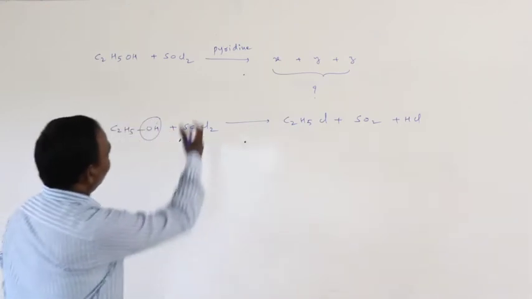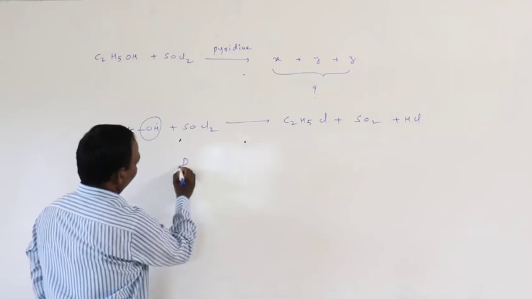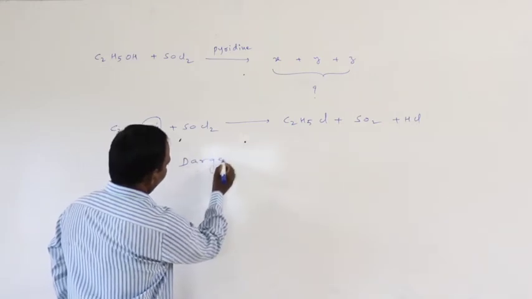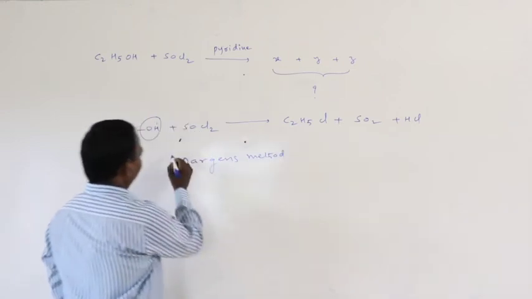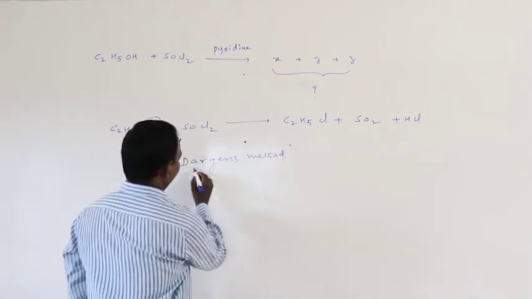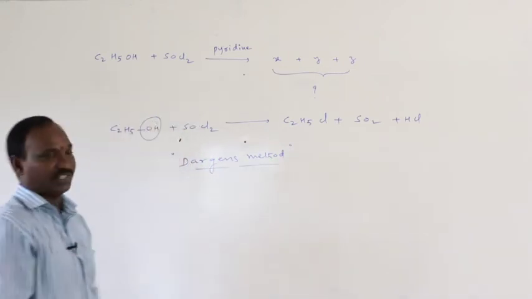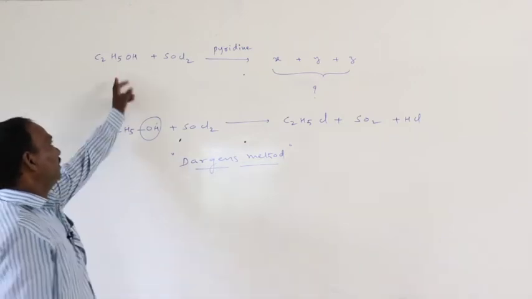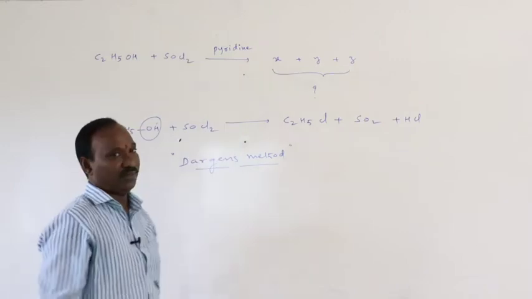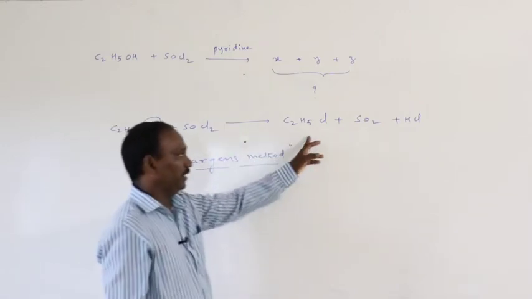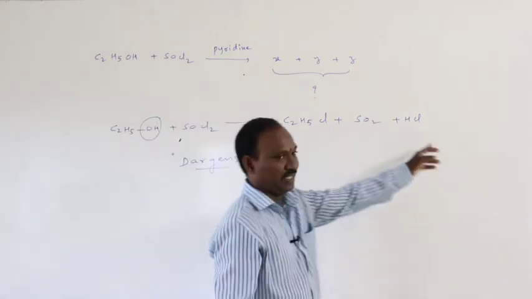Okay, this is also called Darzens' method. This reaction is called Darzens' method. Ethyl alcohol on treatment with SOCl2 in the presence of pyridine produces ethyl chloride, sulfur dioxide, HCl.